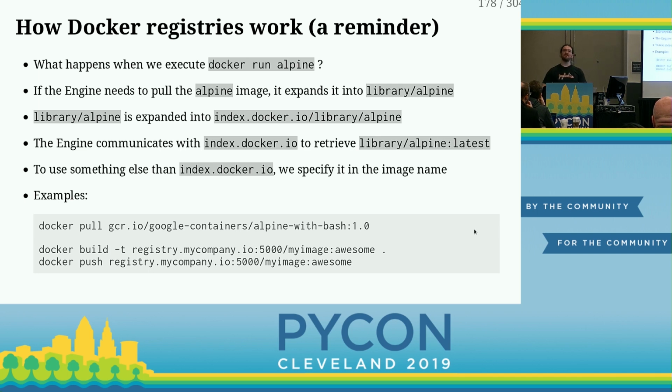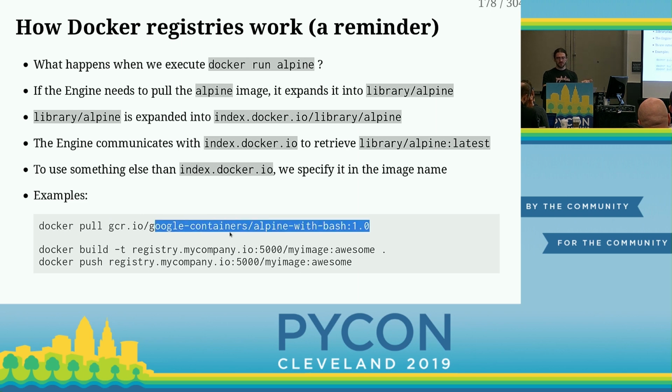Now, if I just have library/Alpine or jpetazo/http-env, this means an image that is on the Docker Hub. And so it's going to expand into index.docker.io/library/Alpine. And so likewise, we could access images on different registries. For instance, if I want the Alpine image, but with bash instead of a really minimal shell, I could use gcr.io, so that's the Google Container Registry, /google-containers/alpine-with-bash.